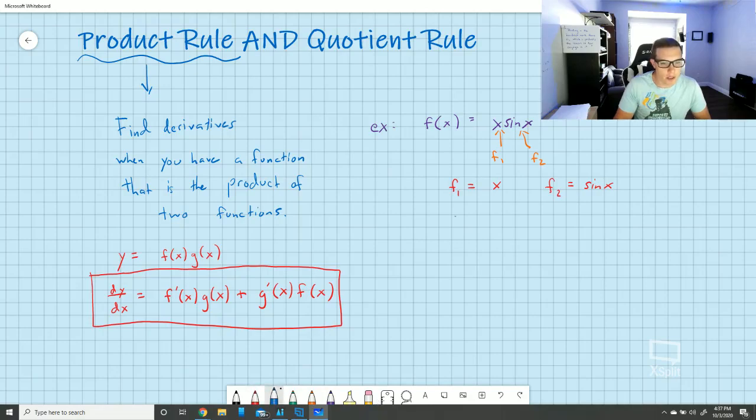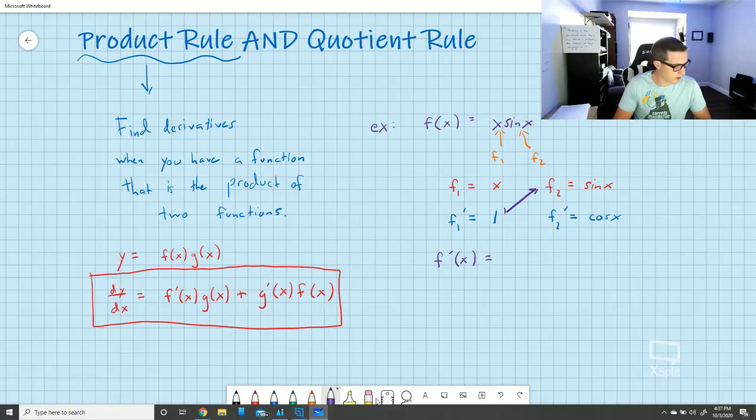So the next part says find the derivative of this first function. Well, the derivative of x using the power rule is just 1. And then the derivative of sine x using your derivative rule sheet is cosine x. These are the 4 things you need. You put them together based on what the product rule says to find the derivative. So it says that's the derivative of the first times the second.